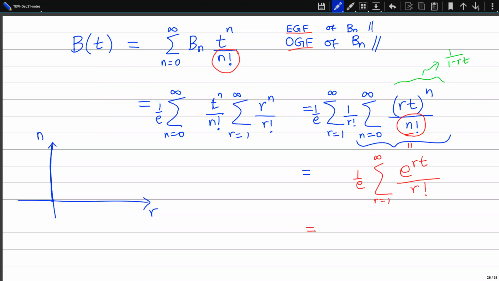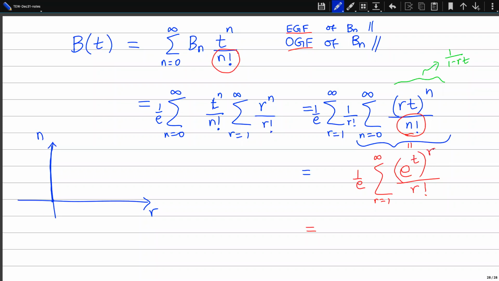What is e^(rt) by r factorial, summation r going from 1 to infinity? e^t to the power r is e^(rt).